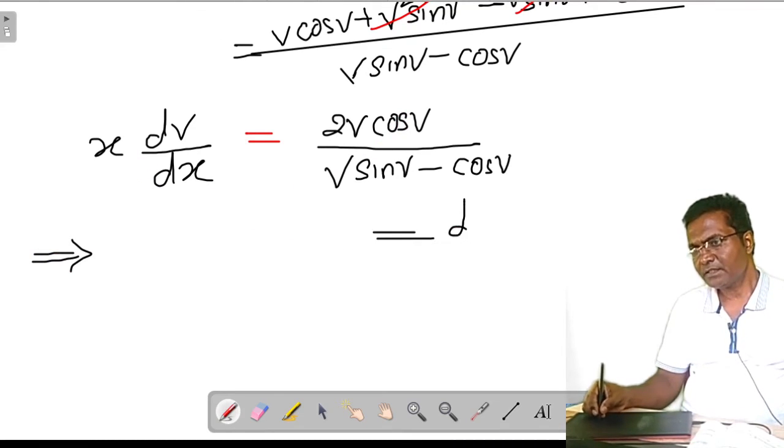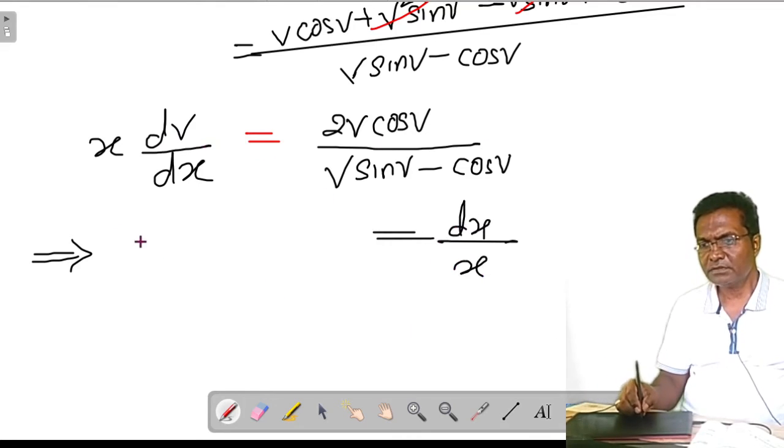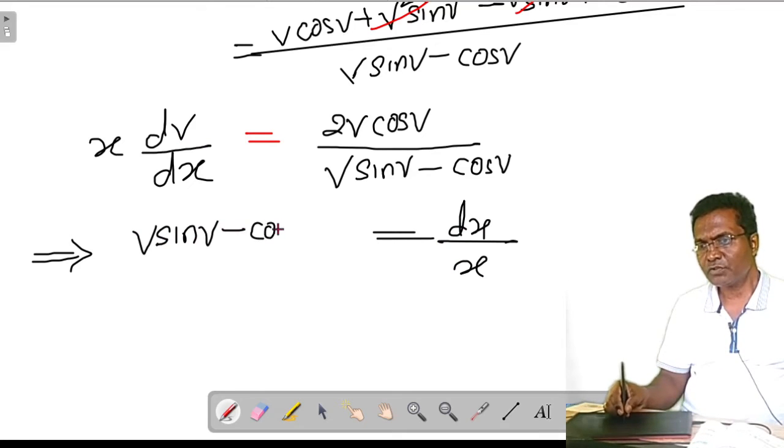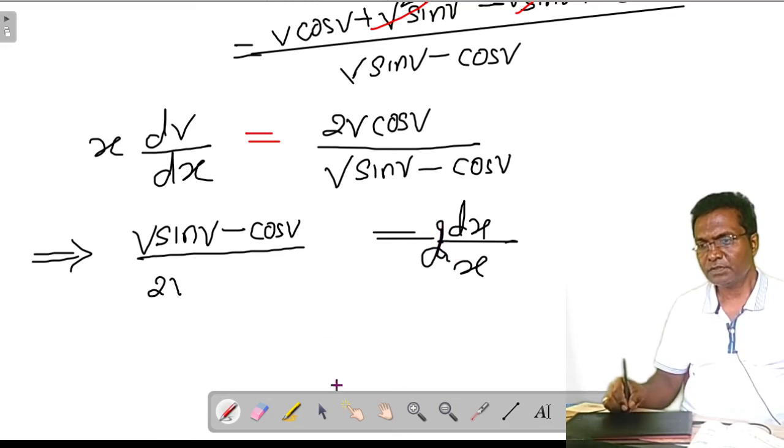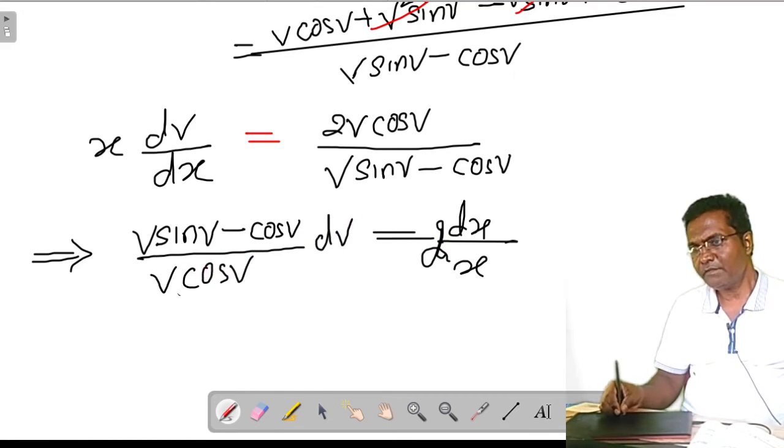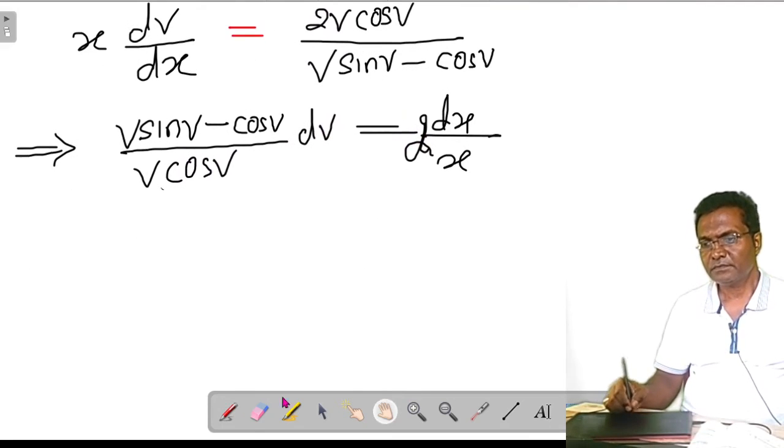I can write dx up, x down, and here v sin v minus cos v divided by this down. You can keep the 2 here only, okay, no problem. So you can write it as v sin v minus cos v over v cos v into dv. I have kept this 2 here only. Now you can integrate.